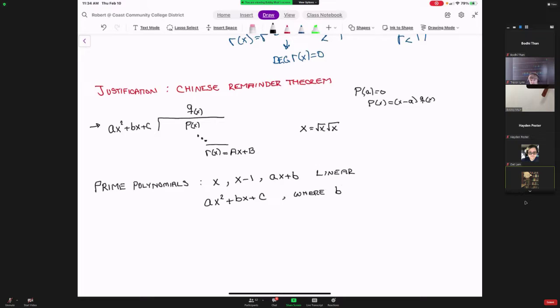So we can't factor this down into smaller linear polynomials when this discriminant is negative. This is now the end of the list.